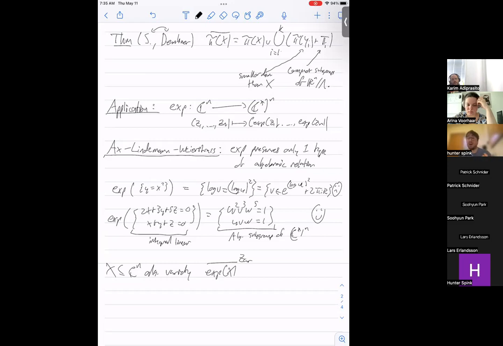If it doesn't grow at all, it preserved a bunch of relations. So how much you had to grow is basically saying how many algebraic relations are preserved. And the theorem says that this is a union from i equals 1 to k of finitely many subtori. So in this case, these are algebraic subgroups.